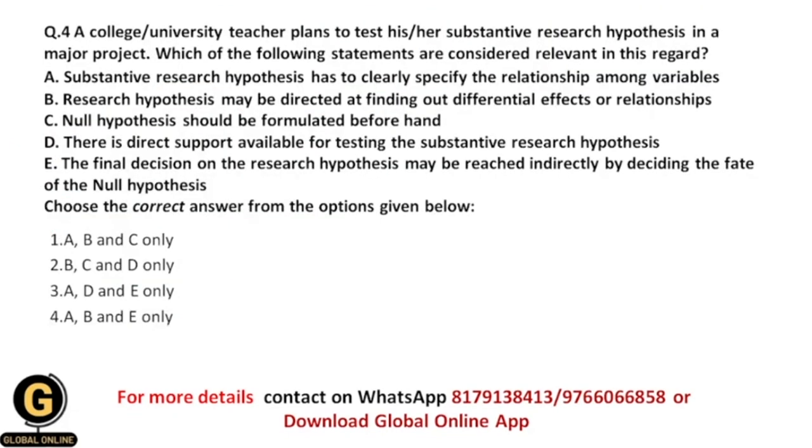A college or university teacher plans to test his or her substantive research hypothesis in a major project. Which of the following statements are considered relevant in this regard? Okay, so the teacher is planning to test the substantive research hypothesis, and research hypothesis means alternative hypothesis.